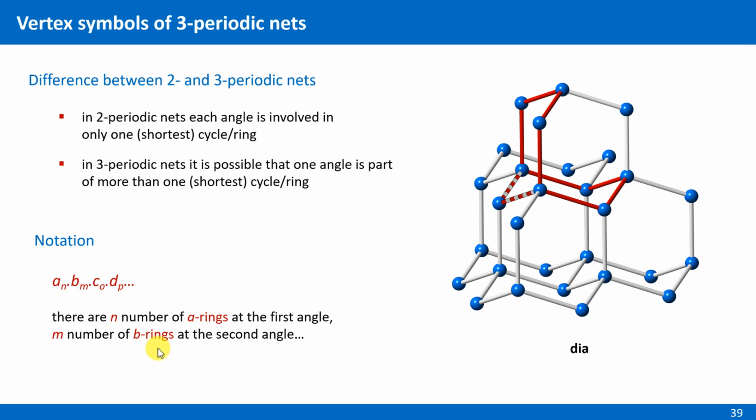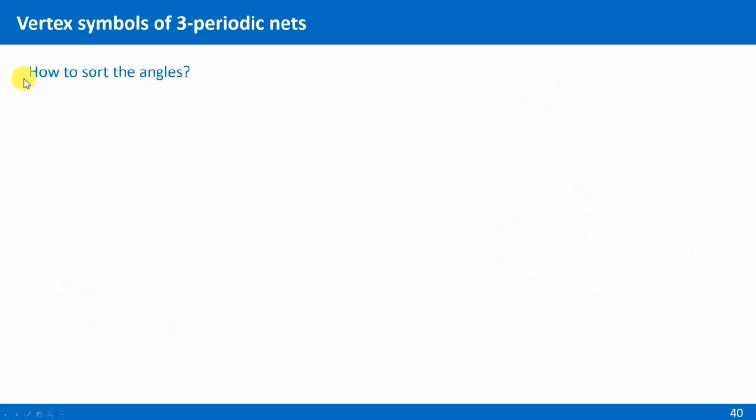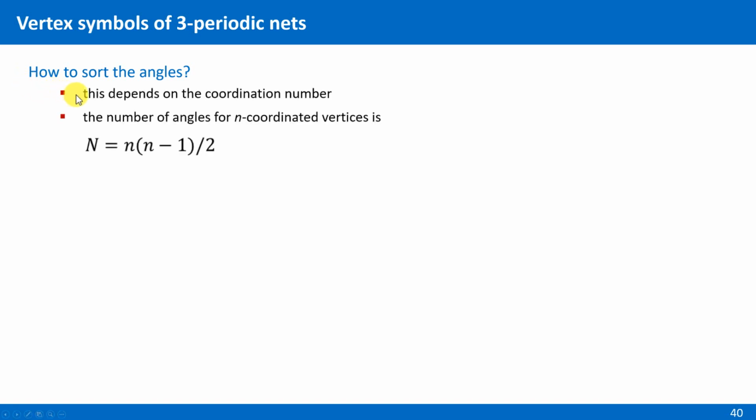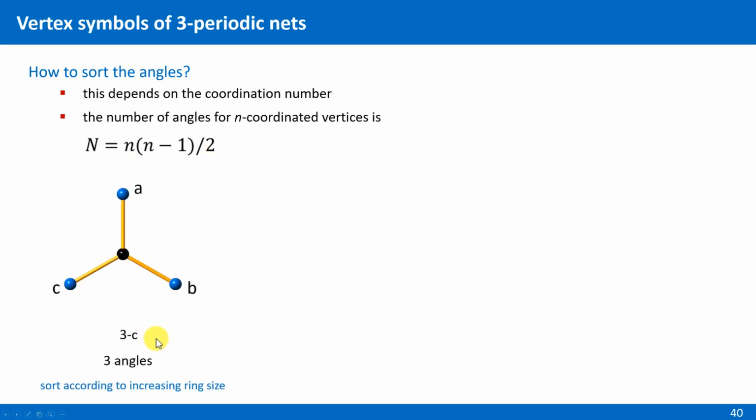The next thing is that we have to consider how the angles and hence the cycles or rings are sorted. In 3 periodic nets, this is dependent on the coordination number. In general, the number of angles for an n-coordinated node is n times n minus 1 divided by 2. For a 3-coordinating node, we have only 3 angles, and here we have to sort according to increasing ring sizes.